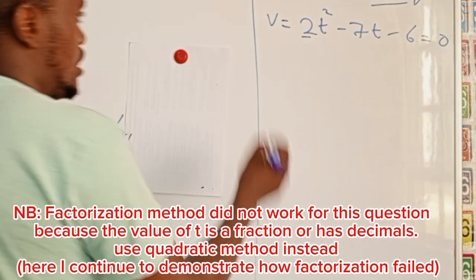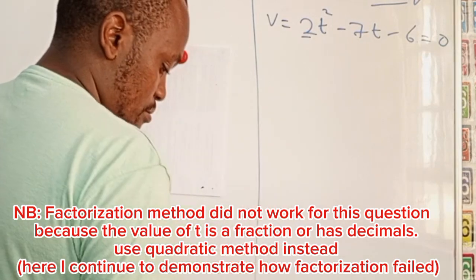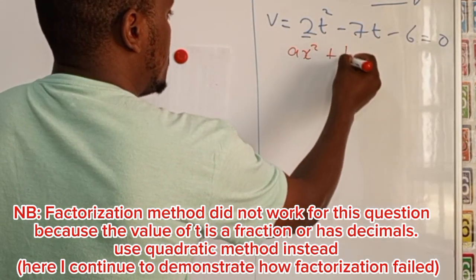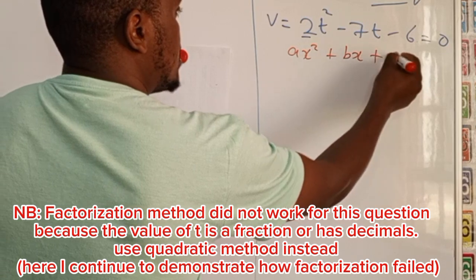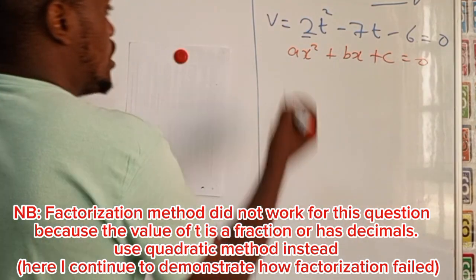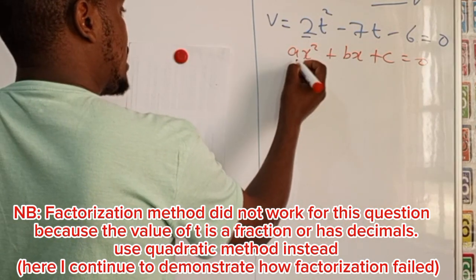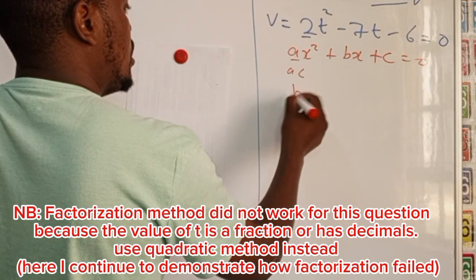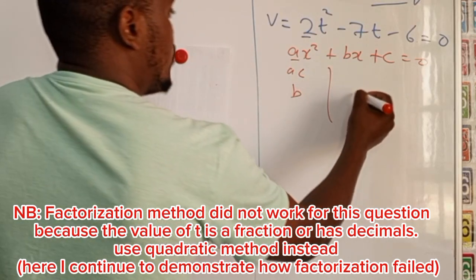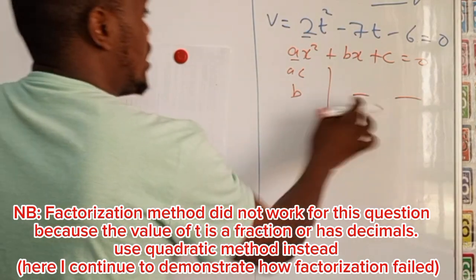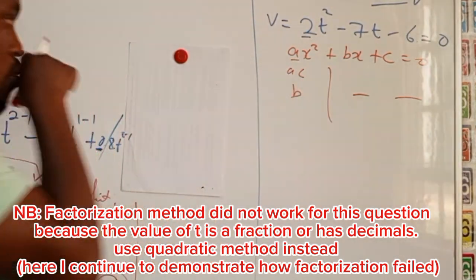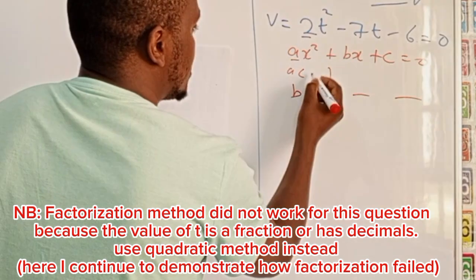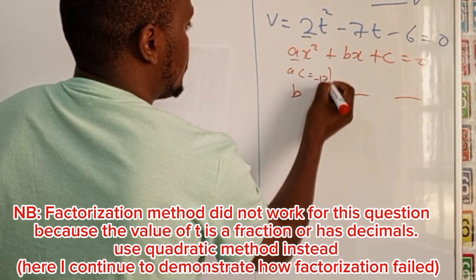But now let us see. The equation is in the form ax squared plus bx plus c equals 0. We look for two factors. If you multiply them, they give you ac, where our ac is 2 times negative 6, which is negative 12.